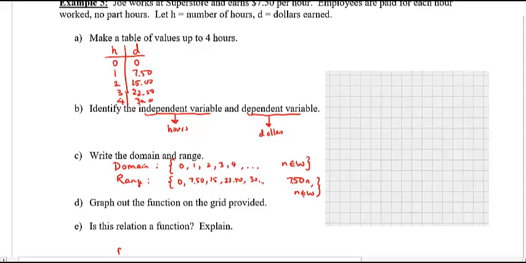Okay. And so my question now is, can we graph out the function? Well, of course we can. I'm going to draw my axes here. We know our independent variable is hours. Our dependent variable is the dollars earned. We have to pick a nice scale.